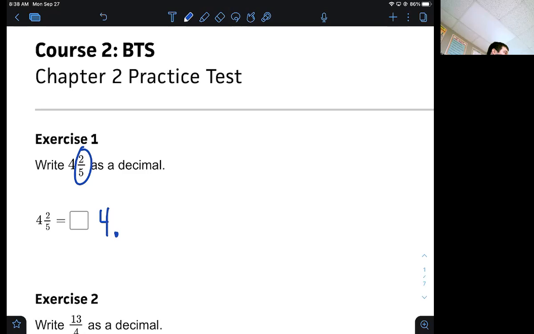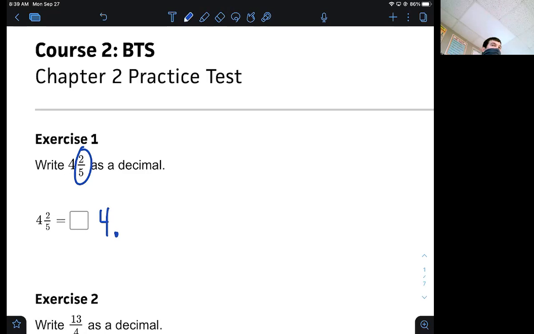If you don't, can someone tell me how to turn a fraction into a decimal? Ashlyn? You could, that would work here. Not every fraction is you're able to do that because the bottom number doesn't always go into 100. 5 in this case does, so you could do that. What do you do when you can't get the bottom number to be 100 or a 10 or something like that?